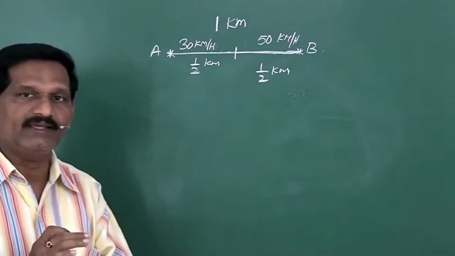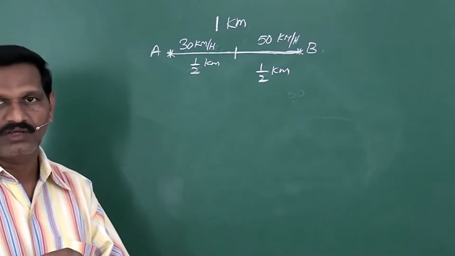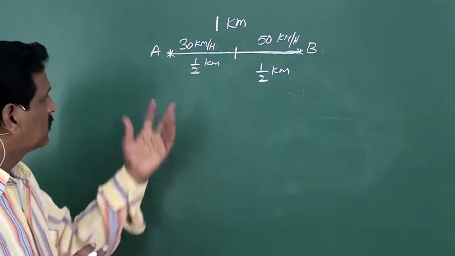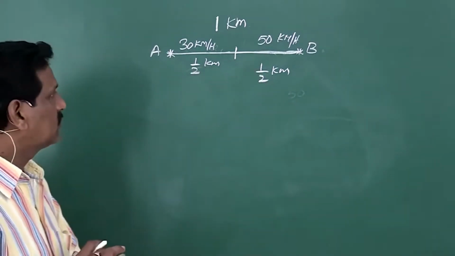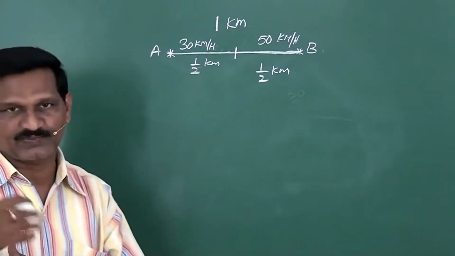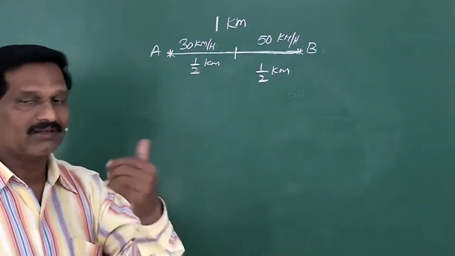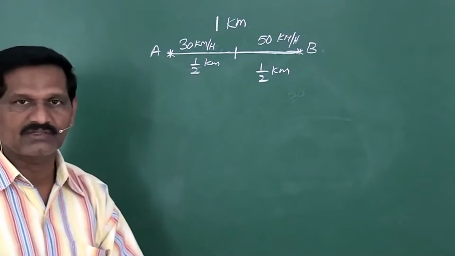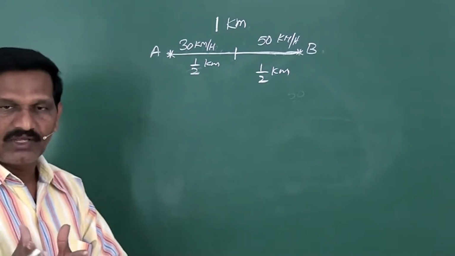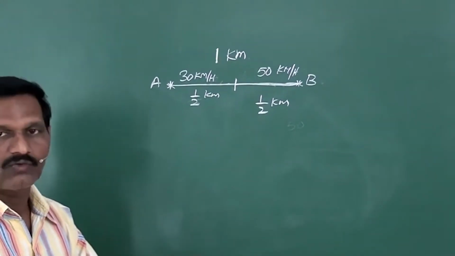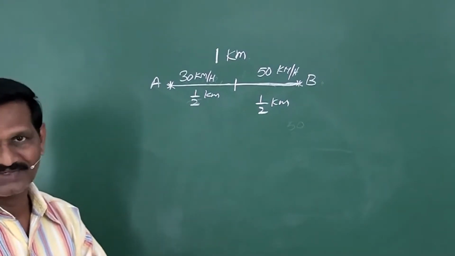Now we have to find the average speed of the car. Average speed, because this journey is covered with different speeds. First half with 30 kmph, second half with another speed, say 50 kmph. When there is variation of speed, then average speed comes into the picture.